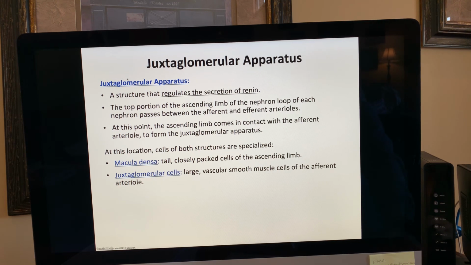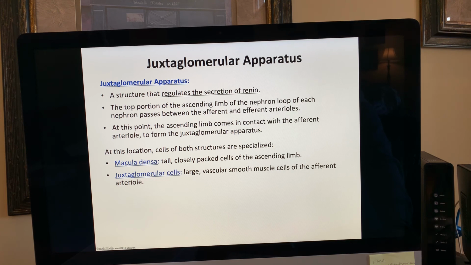The juxtaglomerular apparatus is a structure that is associated with both the afferent arteriole and a region of the collecting duct made up of specialized cells called the macula densa.